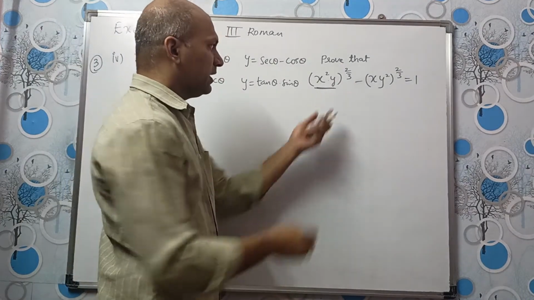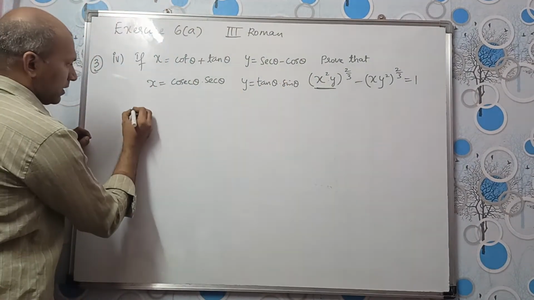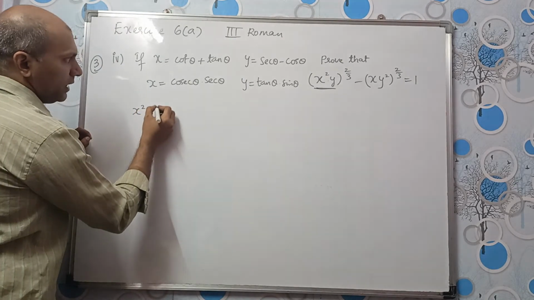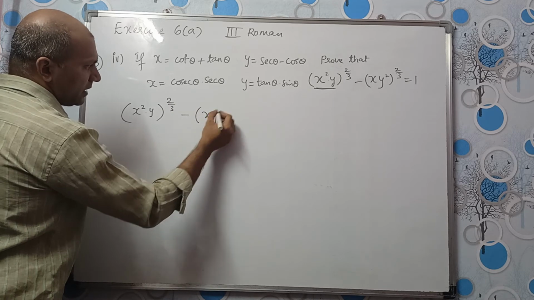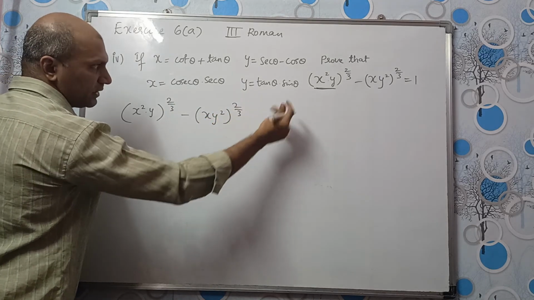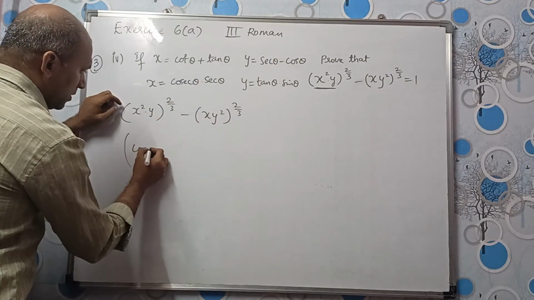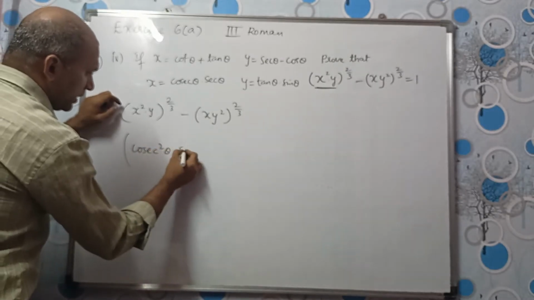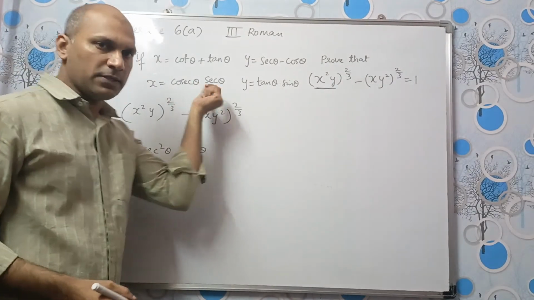Now let us take the LHS and substitute these values. We have x square y whole power 2 by 3 minus x y square power 2 by 3, that should be equal to 1. x square will become cosecant square theta multiplied by secant square theta, because x is cosecant multiplied by secant, right?